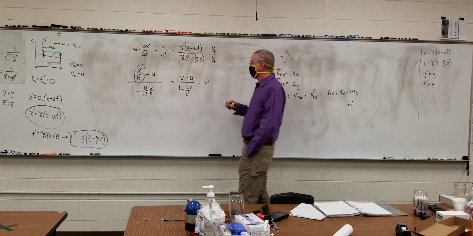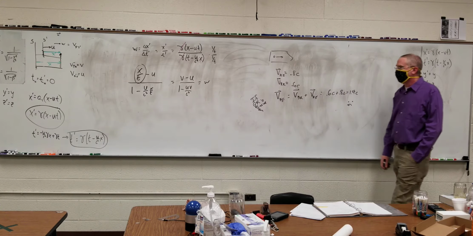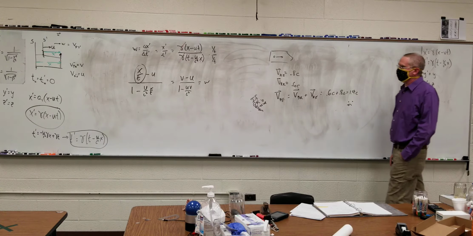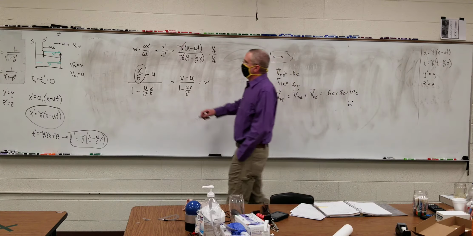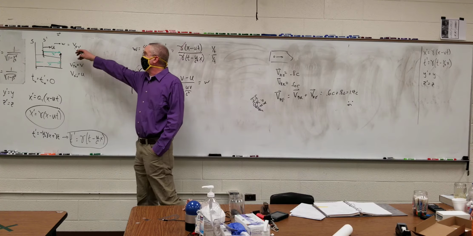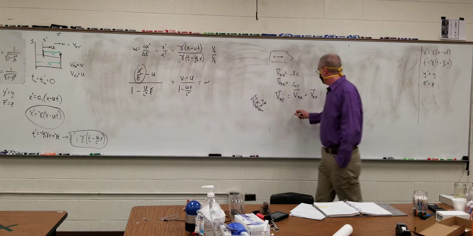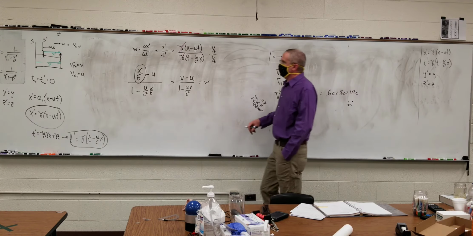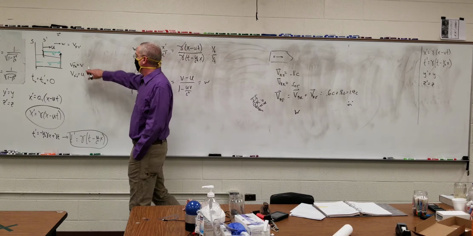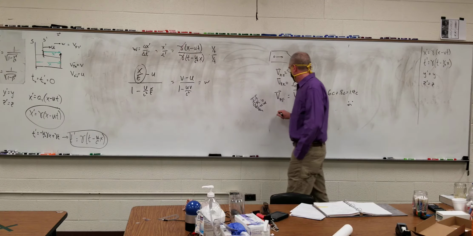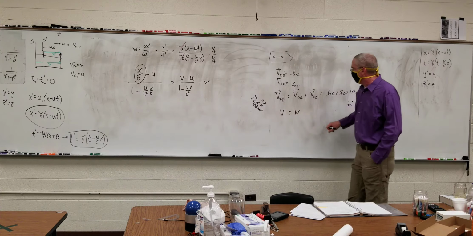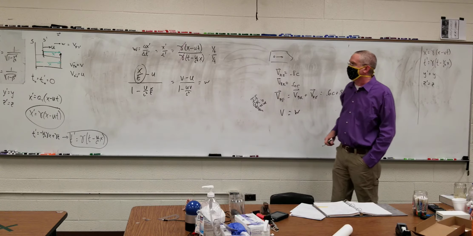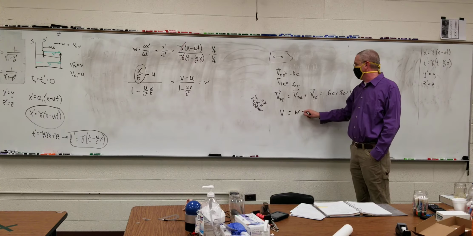Where's w? Compare that to the Galilean relativity. The velocity of the particle with respect to the prime frame is w. The velocity of the particle with respect to the S frame was v. And the velocity of the rocket with respect to Earth, or S prime in reference to S, is u.